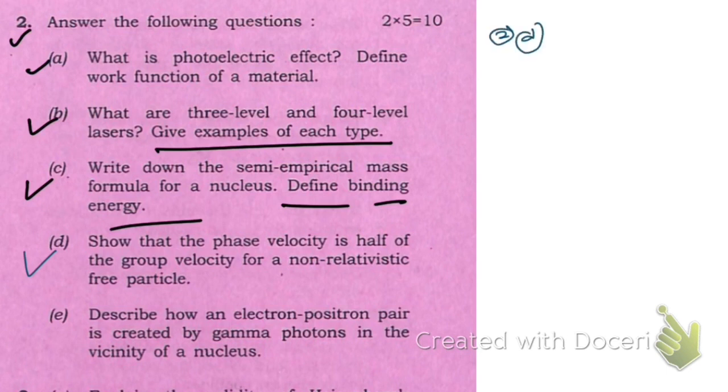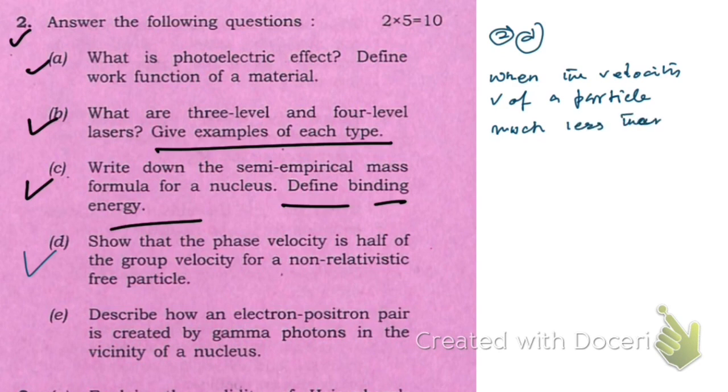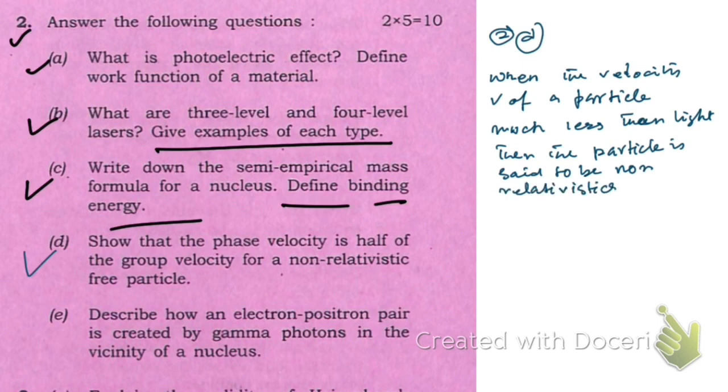When the velocity v of a particle is much less than the velocity of light, that is the non-relativistic case, this particle is said to be non-relativistic.